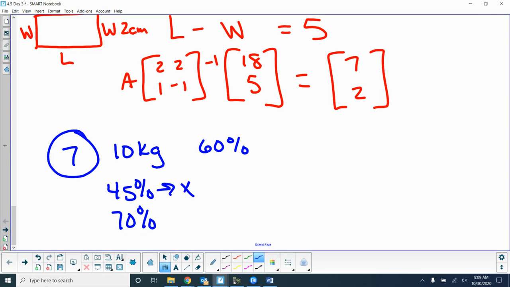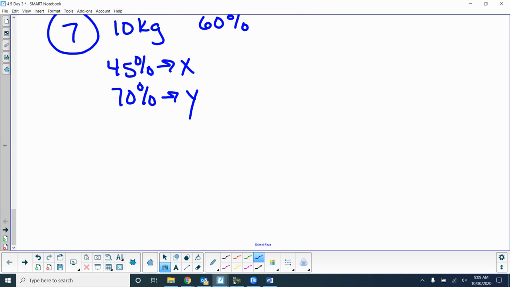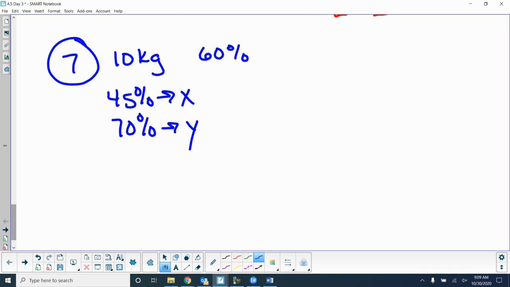So I made the 45% the X, 70% the Y. If I've got 10 kilograms, what's my easy equation? X plus Y equals 10. Remember, X represents the number of kilograms of the one alloy, and Y represents the number of kilograms of the other one. So again, an easy equation, an X plus Y one.